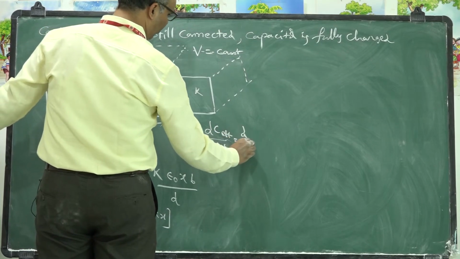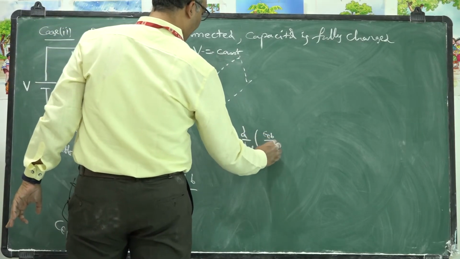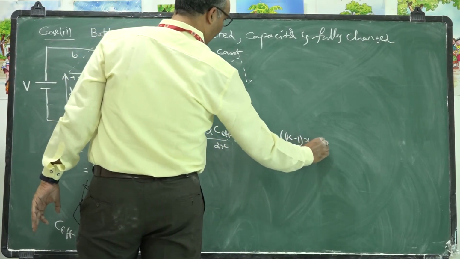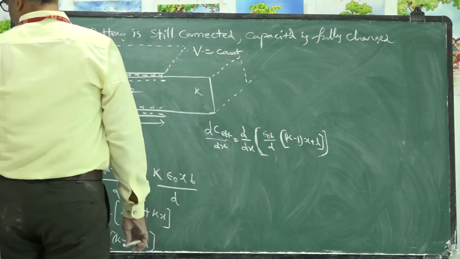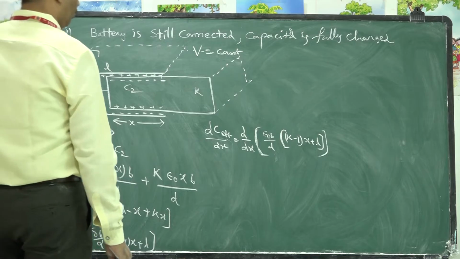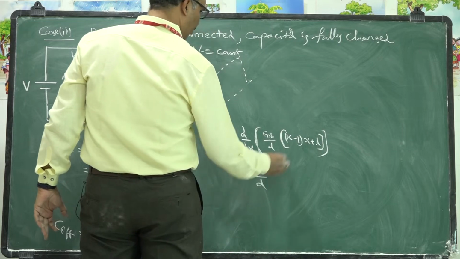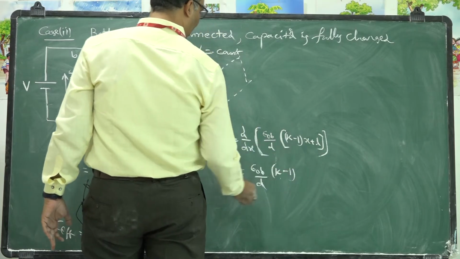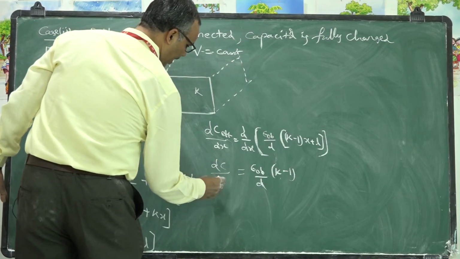That is nothing but d by dx of epsilon naught B by D into K minus 1 into X plus L. So you will get epsilon naught B by D, and for K minus 1 into X, K minus 1 will be the derivative. For L, which is a constant, its derivative becomes 0. So this is nothing but dC by dx.